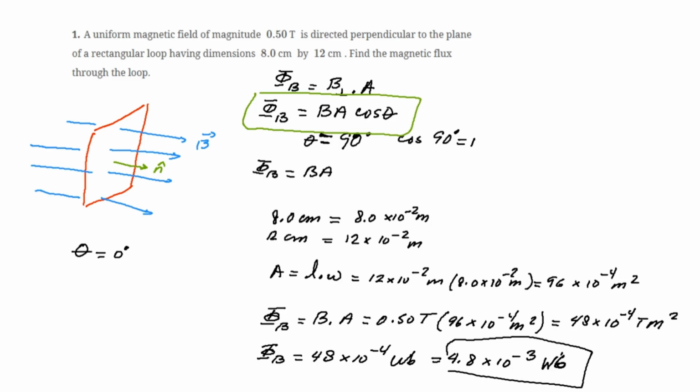And when they say directed perpendicular to the plane, now we know that theta is 0 degrees, the cosine of 0 degrees is 1, and then the formula to calculate the magnetic flux becomes B times A. So all this analysis is derived from this sentence that says that the magnetic field is directed perpendicular to the plane.